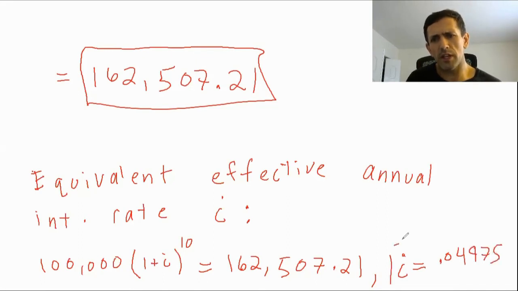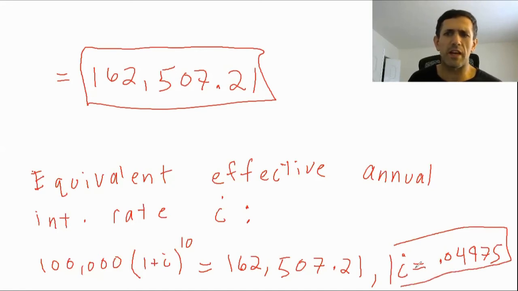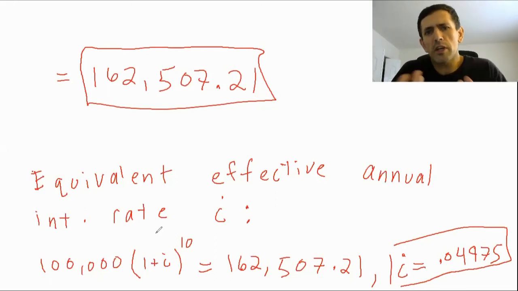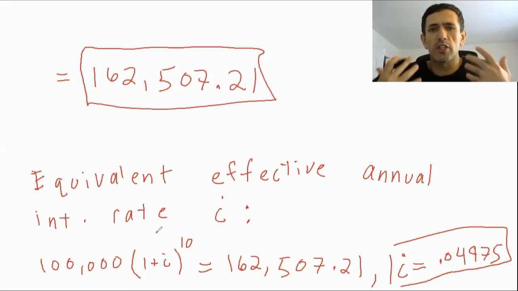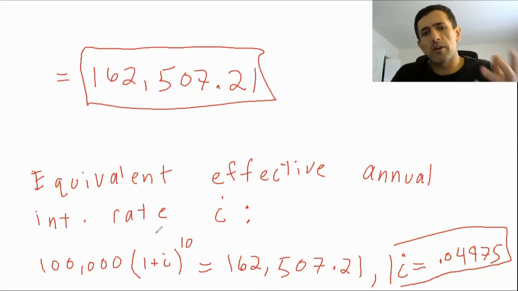So this gives us a rate of return of 4.975%, which, depending on what you're looking for in an investment, is good or bad. I don't know, but this gives you a benchmark for this investment strategy. It allows you to compare it to other investment strategies, the comparative quantity being the equivalent effective annual interest rate.